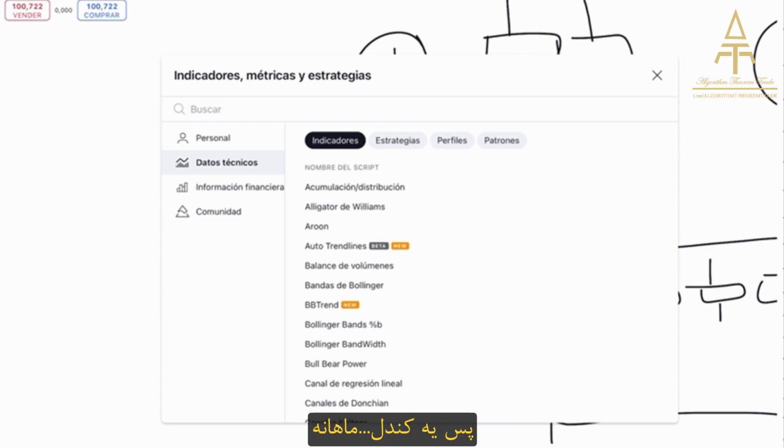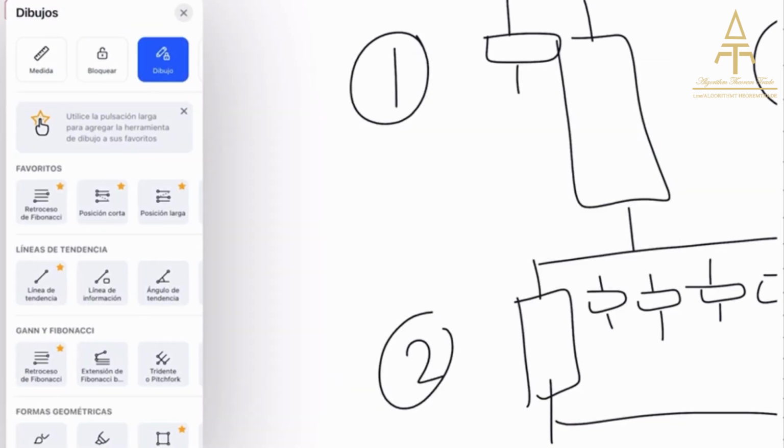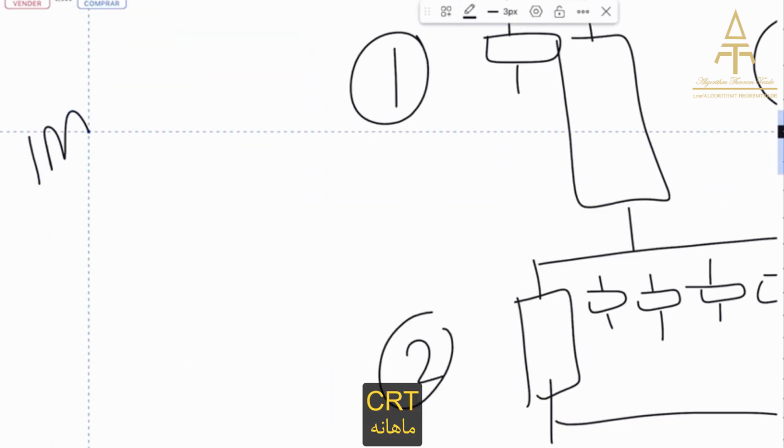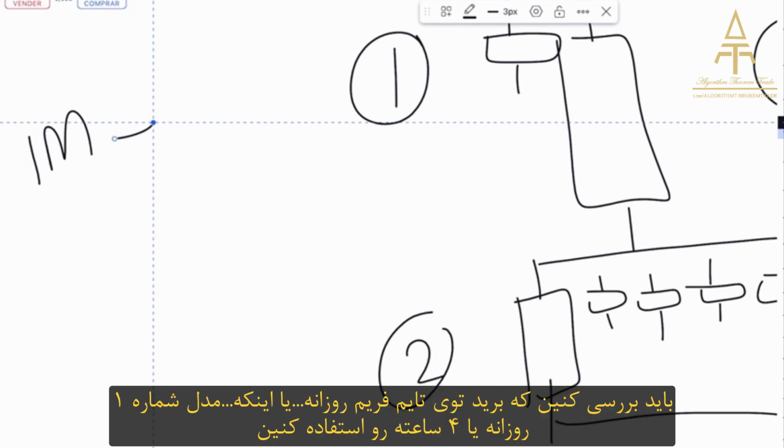A monthly candle, monthly CRT, you're going to look to go down to the daily or the 4 hour Model 1.